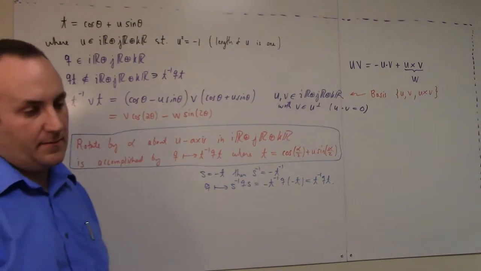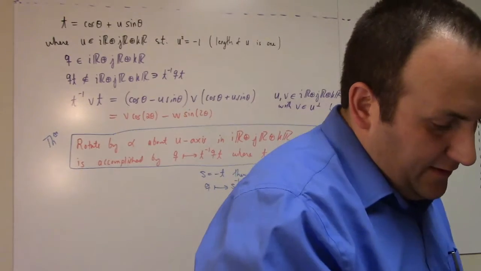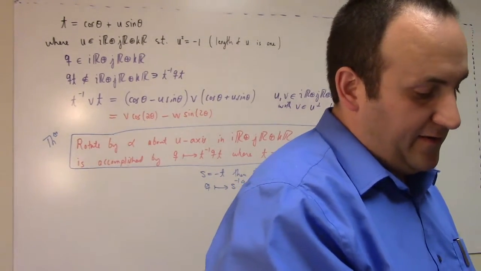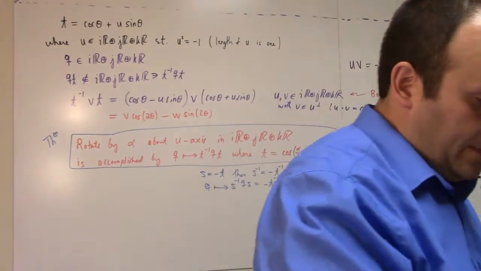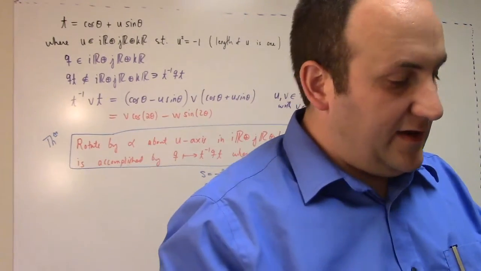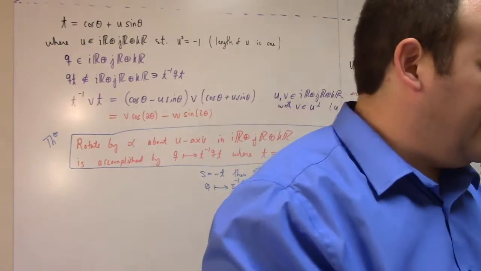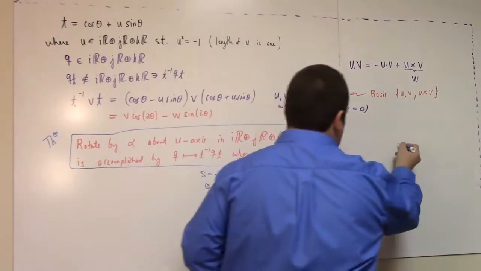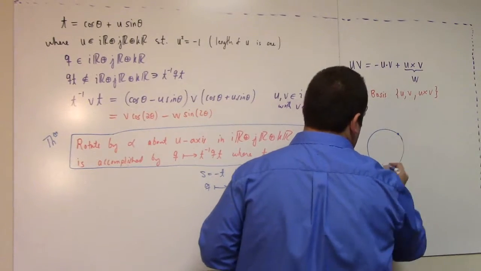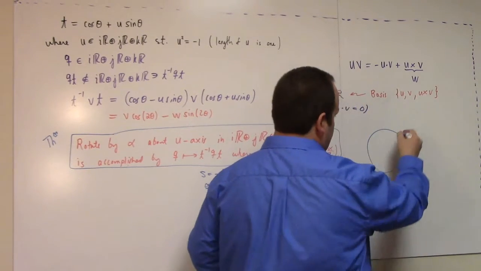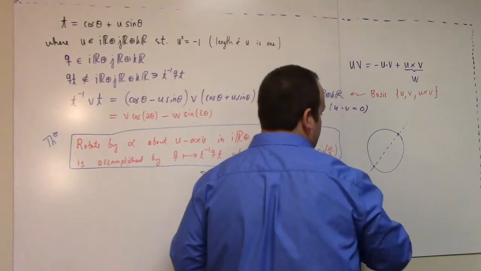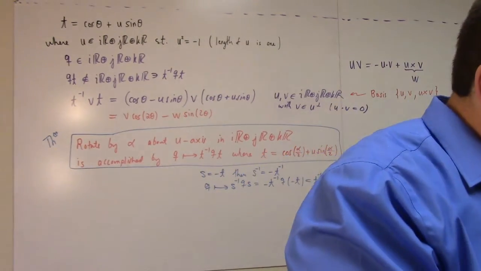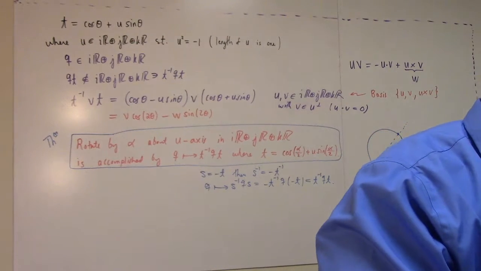So, as he points out, this theorem says that rotations of R3 correspond to antipodal pairs of unit quaternions. T and minus T are antipodal, like two points on the sphere on a diameter. This point is antipodal to that point.